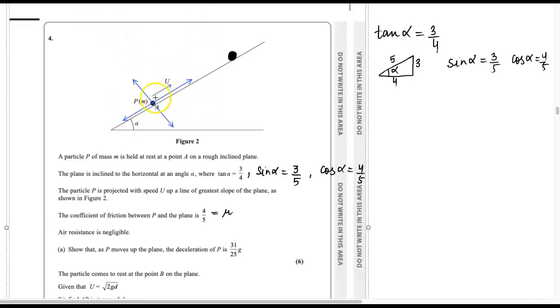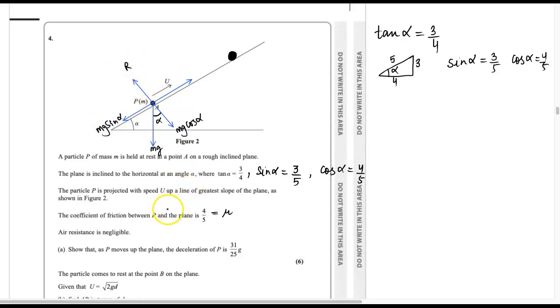One more we need to draw for the weight. The weight is always perpendicular to the horizontal surface. So this is what we have to draw every time whenever we are resolving components. Okay, so this is W, that is equal to mg. This angle is alpha, so this will also be alpha. So this will be mg cos alpha, and just 90 degrees to this one, that means this side is mg sin alpha. Correct? And the top is R.